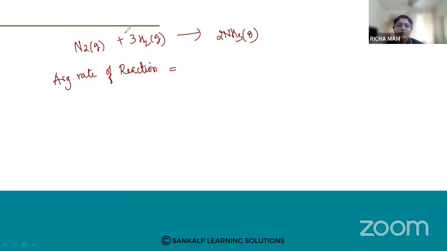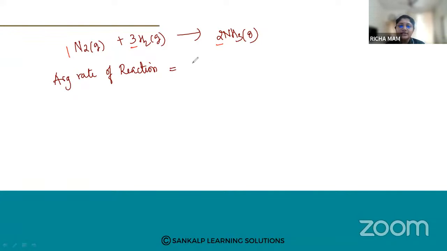How will you write it now? You can see the stoichiometric coefficients: here it is 1, here it is 3, here it is 2. So we take the stoichiometric coefficient and divide the rate of change in concentration by it.